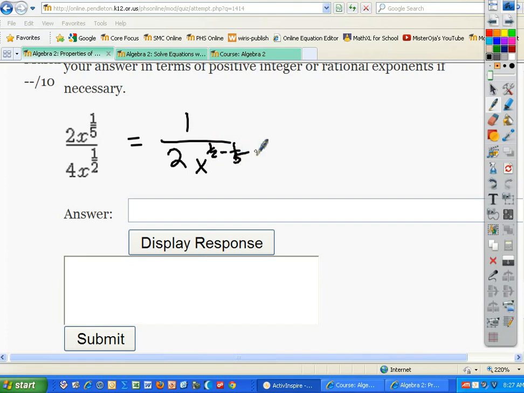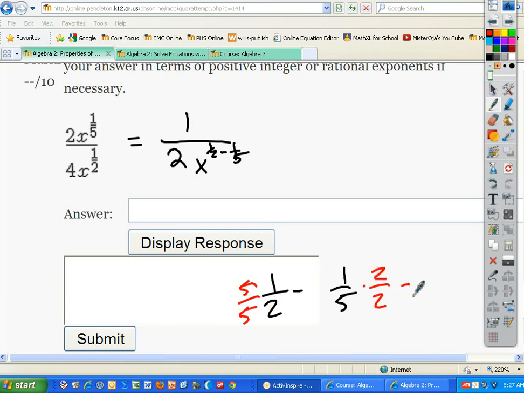Well, 1/2 minus 1/5, we've got to do a little subtracting of fractions. How do I do that? Yeah, okay, I'm just going to get a common denominator, right? What would my common denominator be with 2's and 5's? 10. So multiply by 5/5 and 2/2.